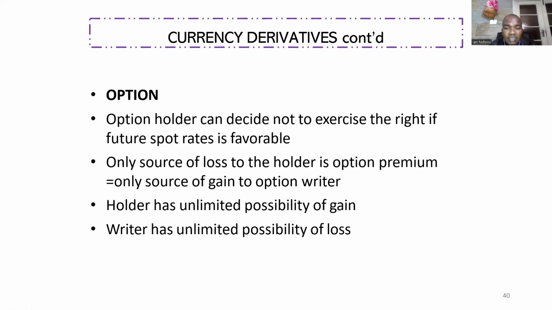An option holder can decide not to exercise the right if future spot rates are favorable to them. Say they are required to pay for certain goods in international markets in terms of forex, and the domestic currency appreciates. It means with fewer units of the domestic currency, they'll be able to purchase more of the foreign currency.